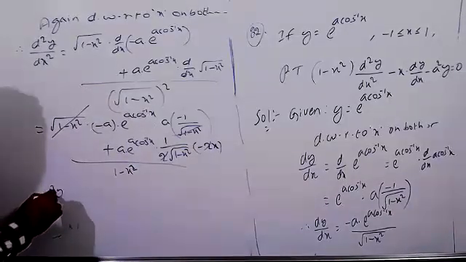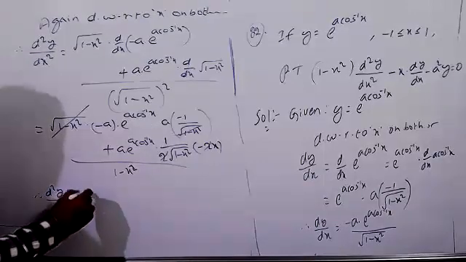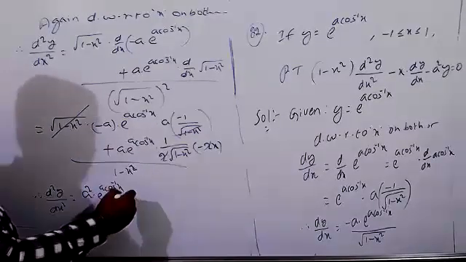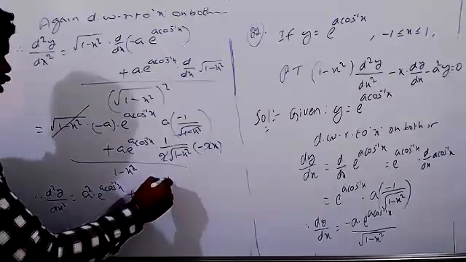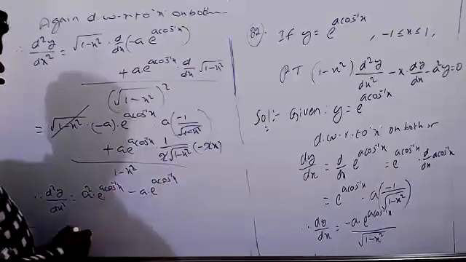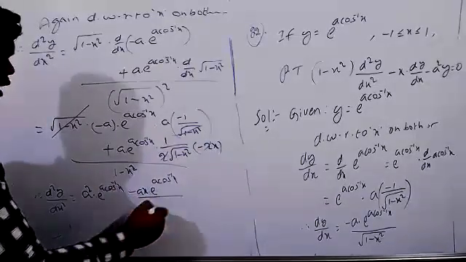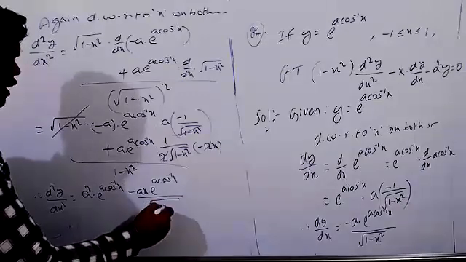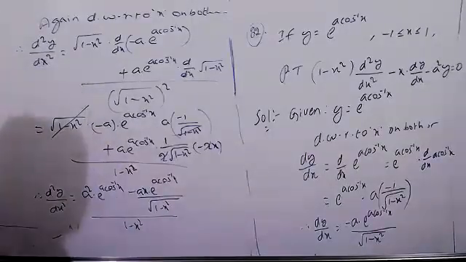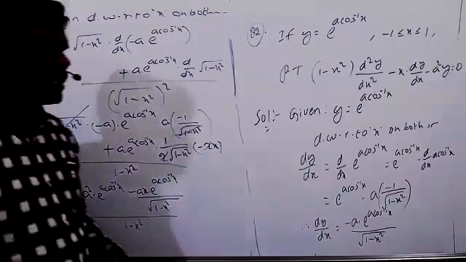So therefore d square y by dx square equals a square into e power a cos inverse of x plus a into e power a cos inverse of x whole by, the plus into minus will get minus now, and one more x also is there, so you can write ax into whole by root of 1 minus x square whole by 1 minus x square. That's all. So this one directly can substitute in there now.